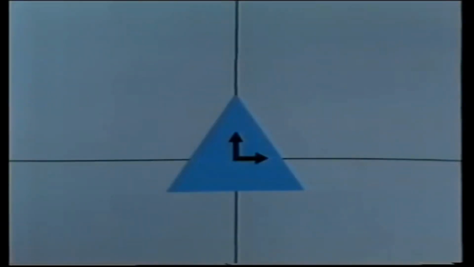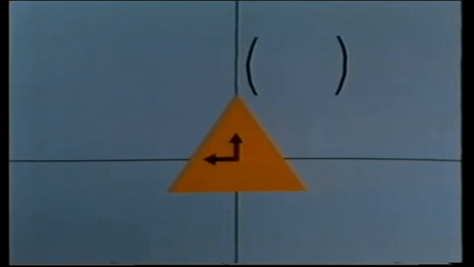We'll flip the triangle about the vertical axis. Watch what happens to the basis vectors. Now let's calculate the matrix. Start with the first column. That's the image of the first basis vector.